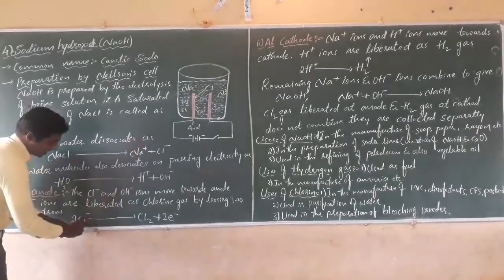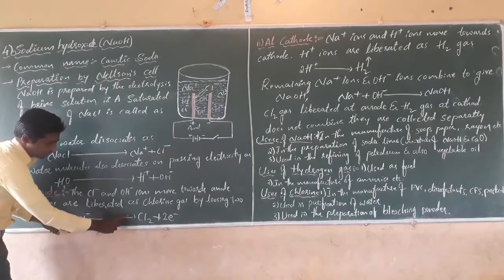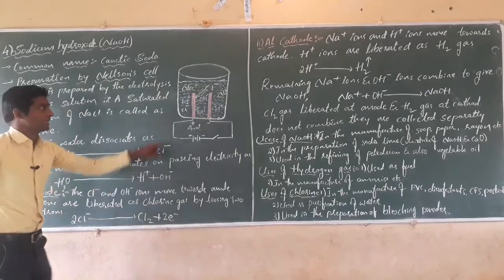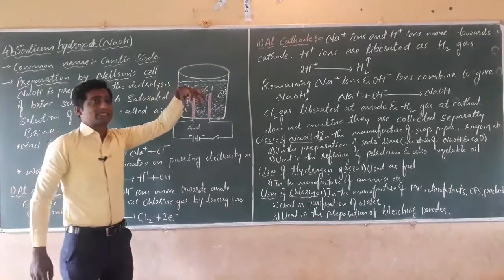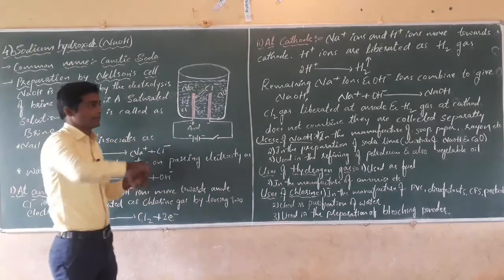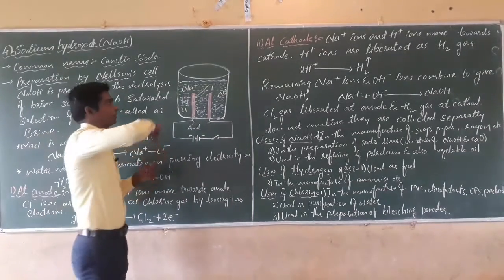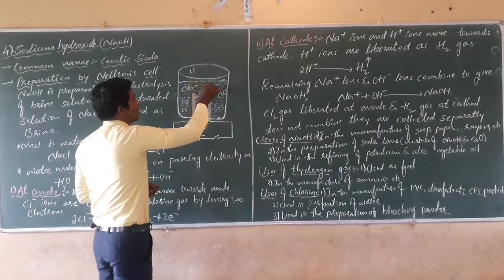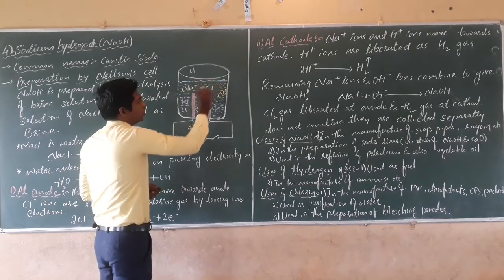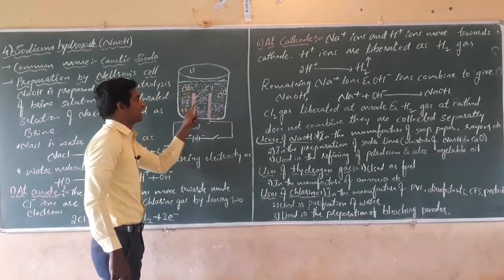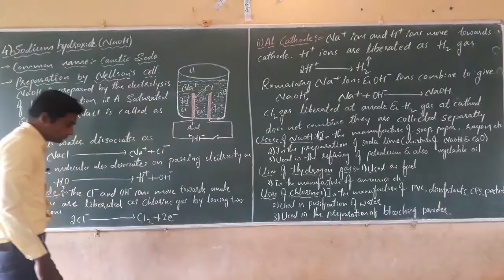Two Cl minus ions lose 2 electrons and become chlorine gas, which is liberated at the anode and collected separately in a separate container.